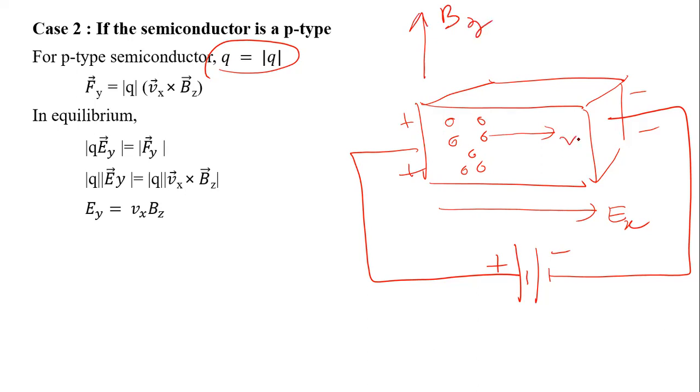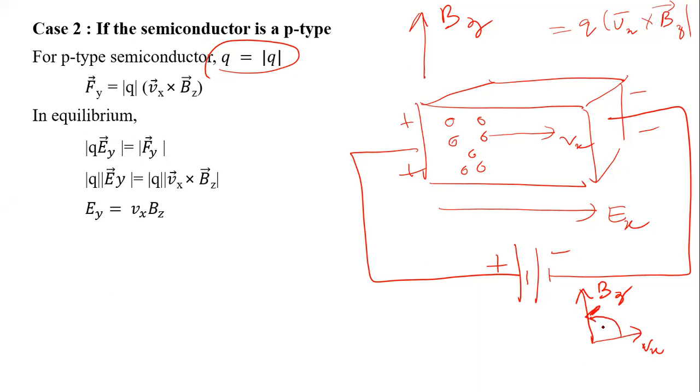Now the velocity of motion is vx. If you consider your Lorentz force here, that is q into vx cross bz. If you take the vector directions like this, vx and bz, vx is the first vector, so the rotation has to come from the first vector.